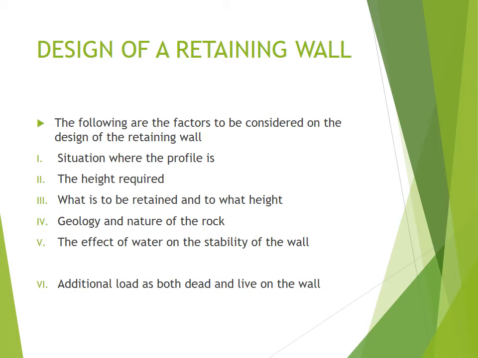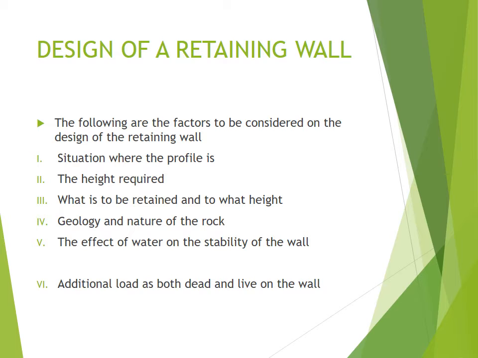Then the geology and nature of the rock. Some retaining walls can be constructed where we have loose soil or hard soil or rocky ground, so you also have to consider that factor. Then we also have the effect of water on the stability of the wall.